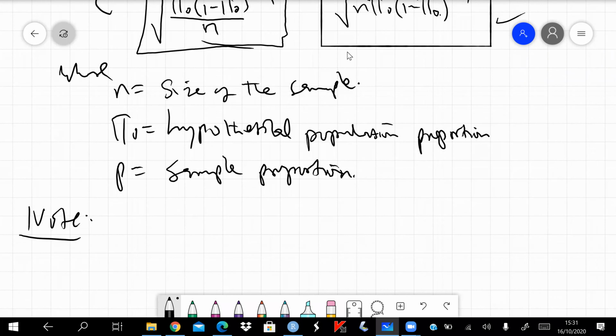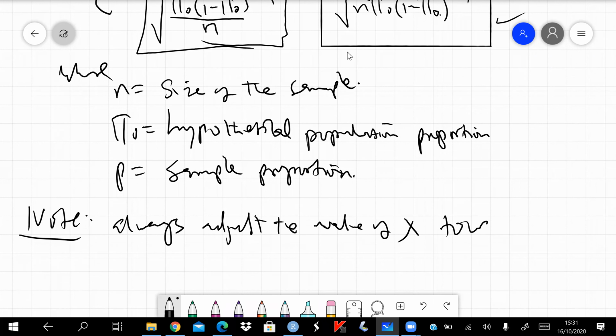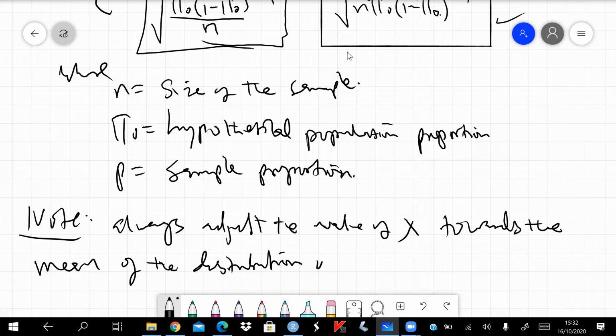If you remember that you always adjust the value of x, so you need to note that you always adjust the value of x towards the mean of the distribution under H naught.